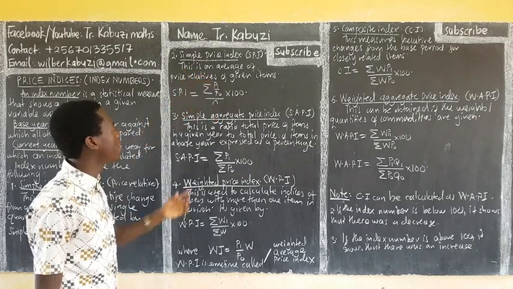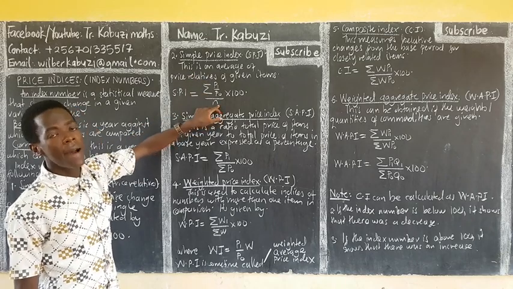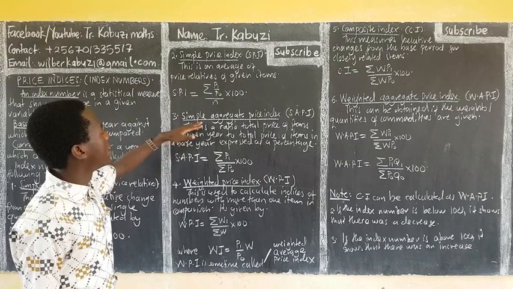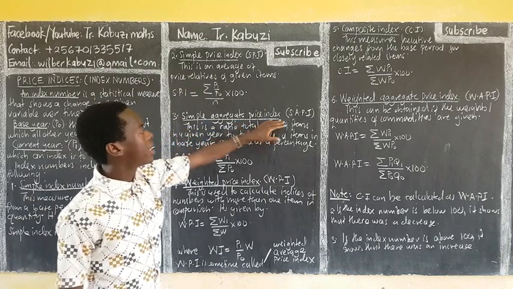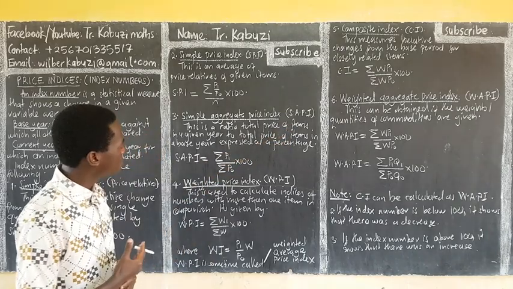The difference here is we sum these and divide by the number of items we have.